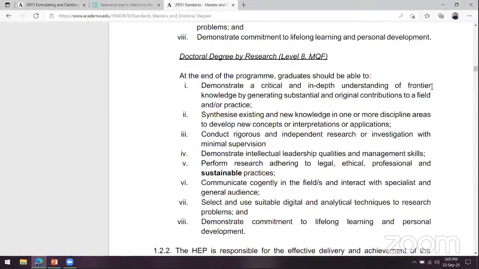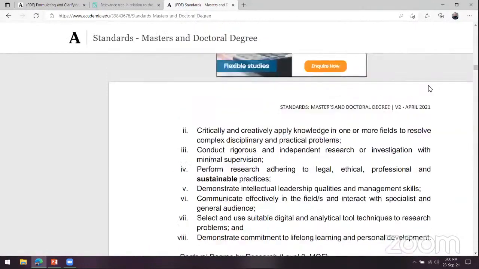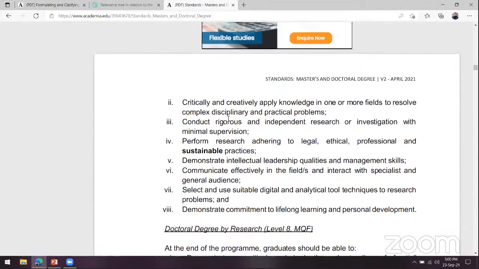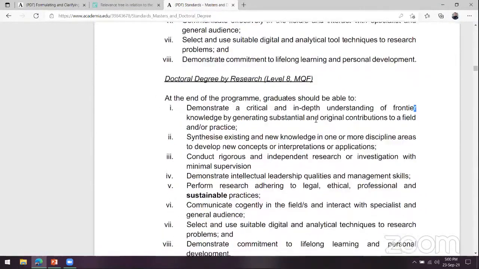Remember, frontier knowledge. That's also quite similar to the masters. Then, by generating substantial and original contribution.